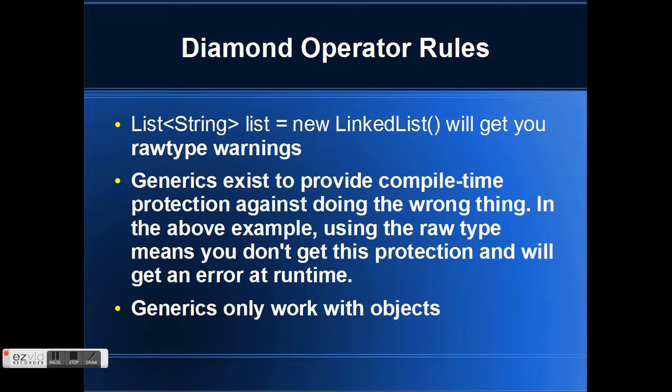Generics exist to provide compile time protection against doing the wrong thing. In the above example, using the raw type means you don't get protection and you will get an error at runtime.